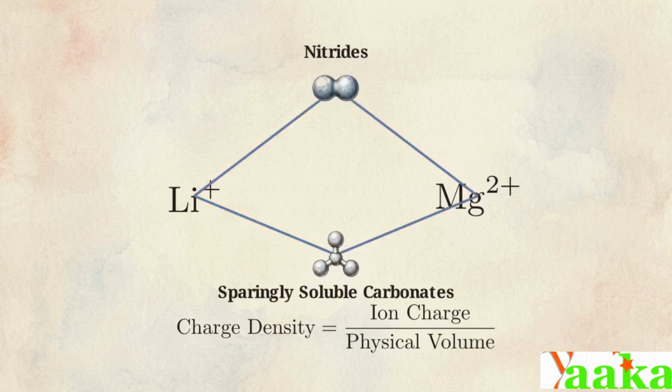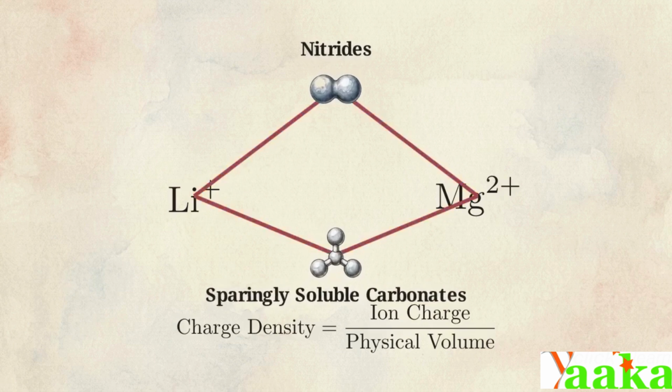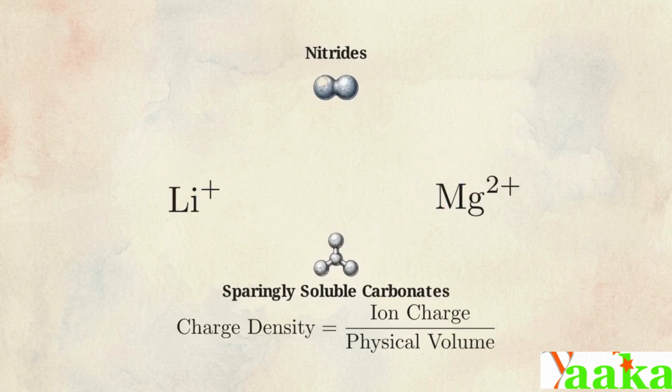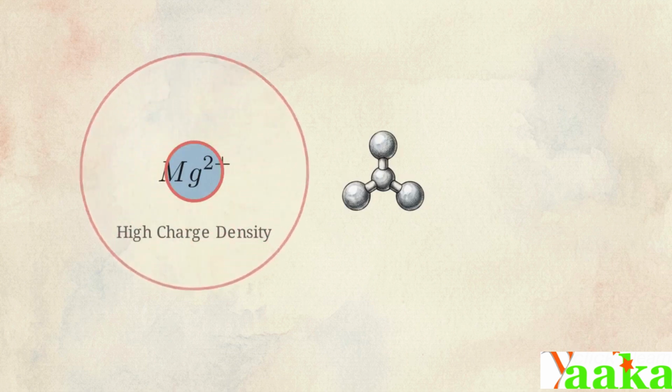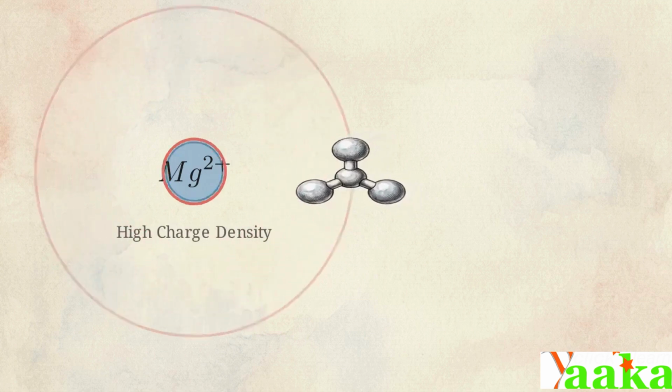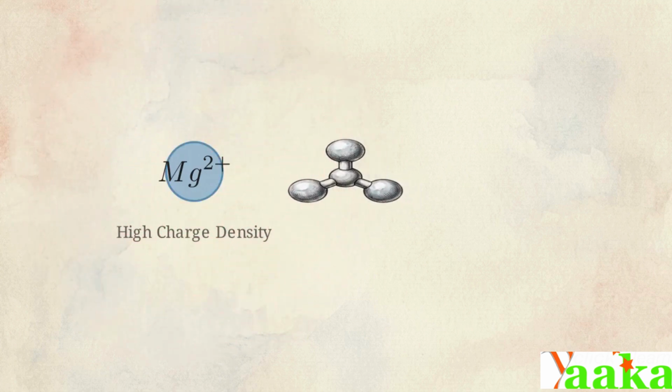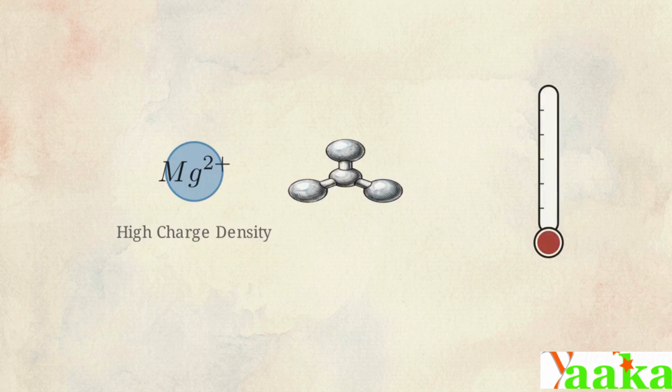Both form nitrides directly with nitrogen and produce sparingly soluble carbonates. We apply charge density to the thermal stability of group 2 carbonates. A small magnesium ion has a high charge density that distorts the neighboring carbonate anion's electron cloud, weakening its internal carbon-oxygen bonds. Thus, magnesium carbonate decomposes easily under heat.